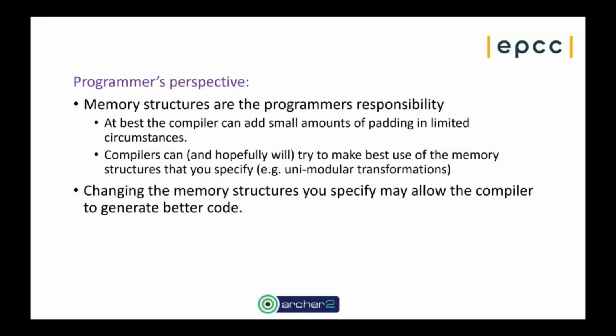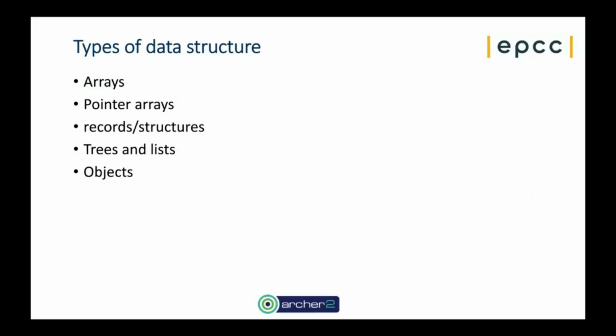And so you changing your program, or making sure your program has efficient memory structures, will help the compiler do the optimization, will help you get good performance. And of course, there are different types of data structure. The ones that we're often most concerned with or focused on for scientific programming are arrays, because that's what we tend to have, these large multi-dimensional arrays where our data is stored.